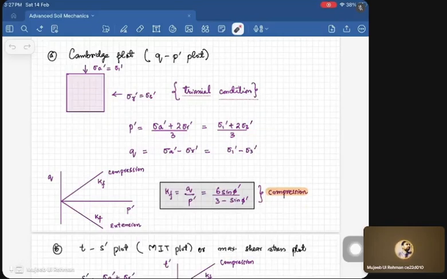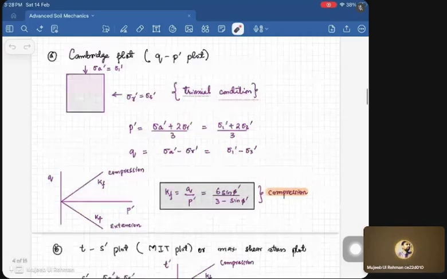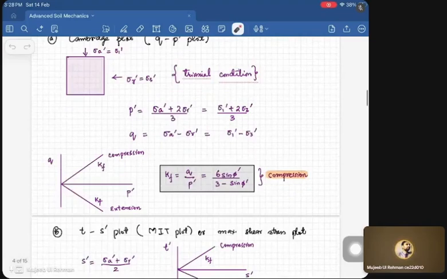And Q, which is the deviator stress, is given by sigma A dash minus sigma R dash, where in compression sigma 1 dash is the vertical stress acting on the sample and sigma 3 dash is the radial stress. In the Q-P plot, the failure line is the Kf line, where the slope Q by P dash is given by 6 times sine phi dash divided by 3 minus sine phi dash, and this is for compression.